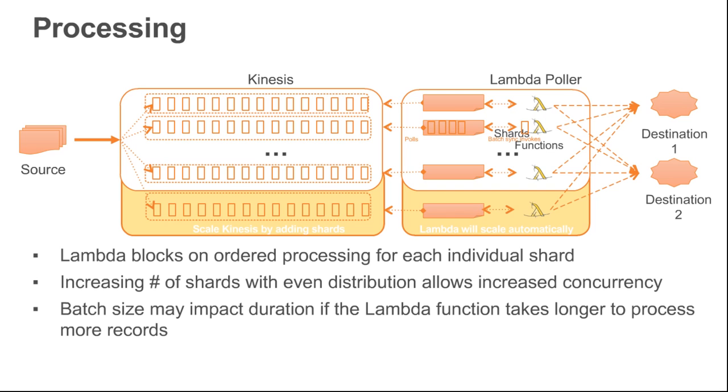If you don't have enough shards, the throughput will be limited. Batch size may impact the duration of the Lambda function as well. This does impact processing because we block on the synchronous invocation to return, so the duration of the Lambda function directly impacts the throughput as well.